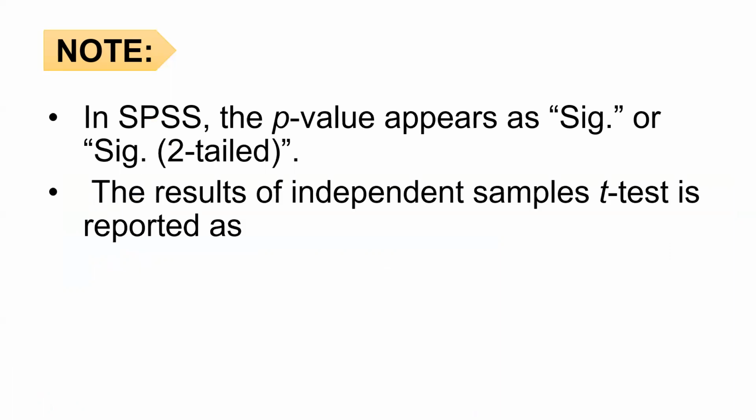The results of independent samples t-test for our class will be reported this way. First, you will write there the italicized t. Then, inside the parentheses, we will place the value of df, or the degrees of freedom, equals blank, where this is now the t value, comma, p equals this.